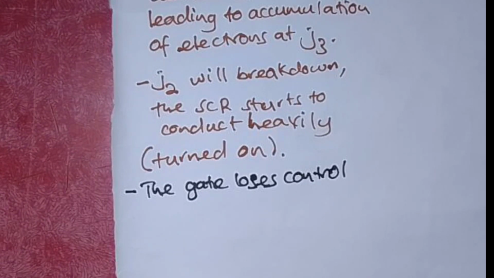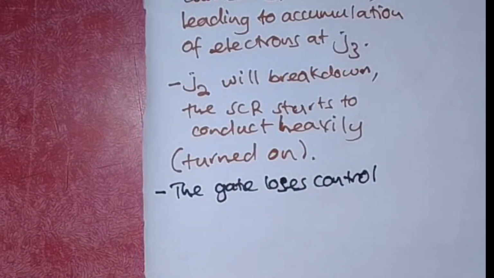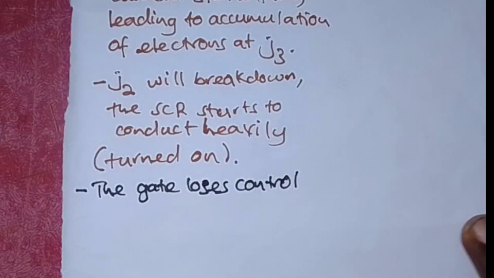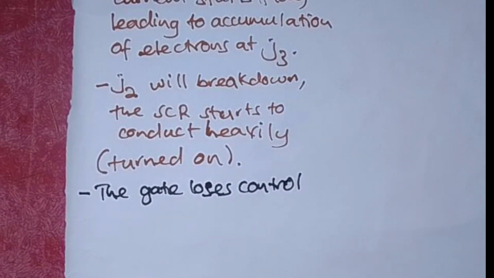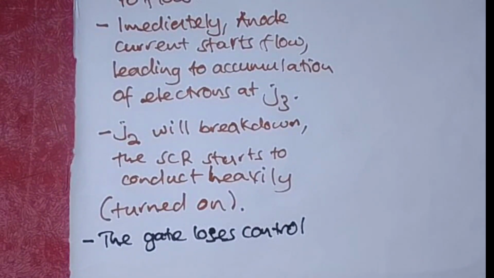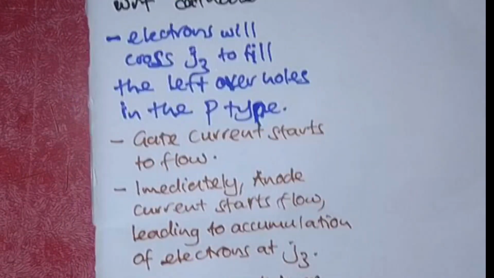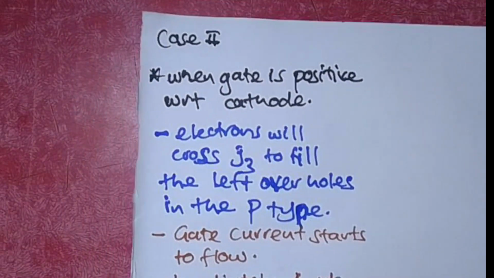Okay. So that is simply explaining to us how this SCR is working and its modes of operation. We say there are two modes of operation, and we studied them under two cases, whereby the first case was when the gate is open, and then Case 2, when the gate is positive relative to the cathode, as you can see there.